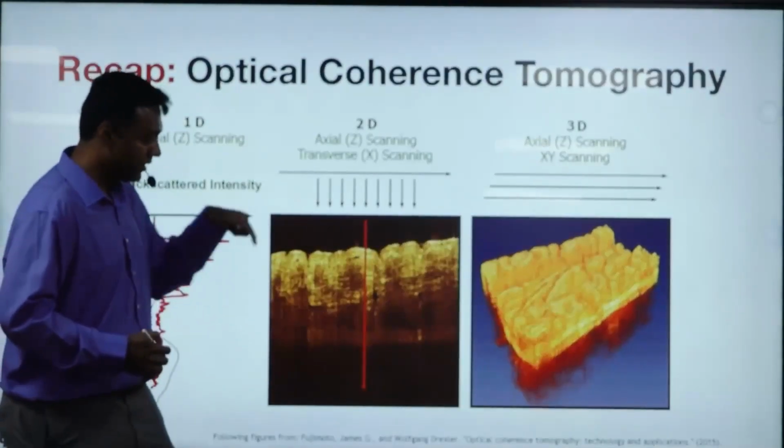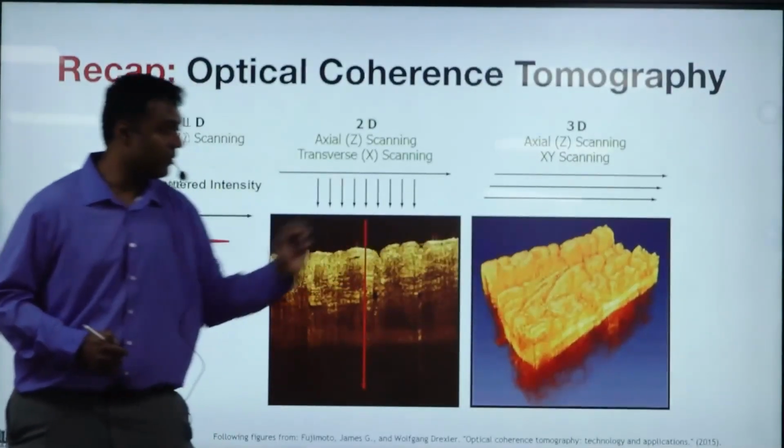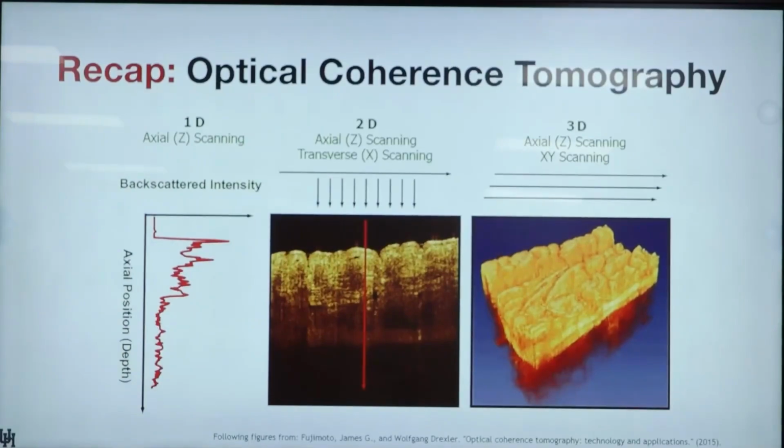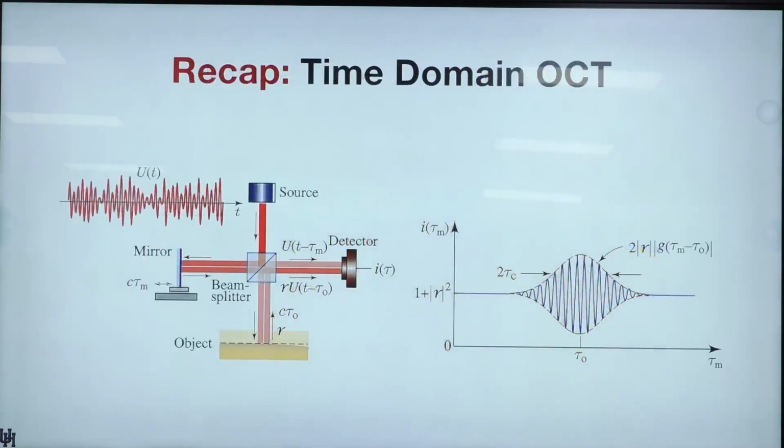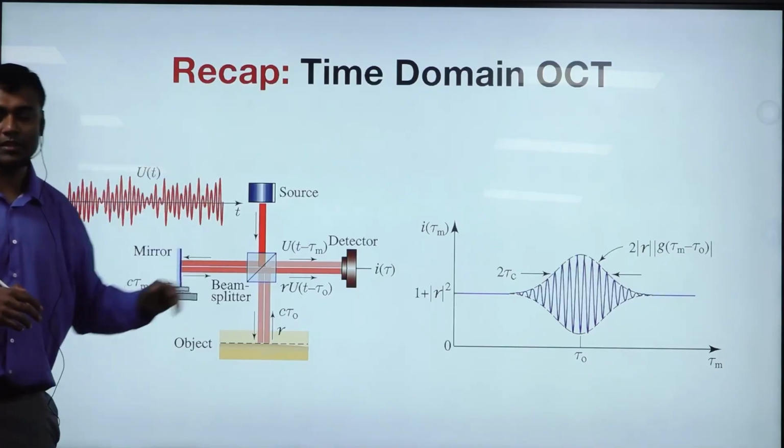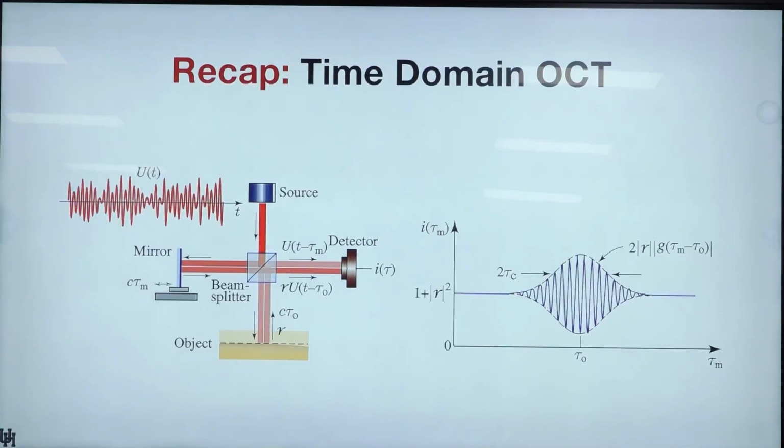If you scan every point, you get three-dimensional data, also called a C scan. This is how you can construct 3D volumetric images of tissue samples or samples of epithelium.